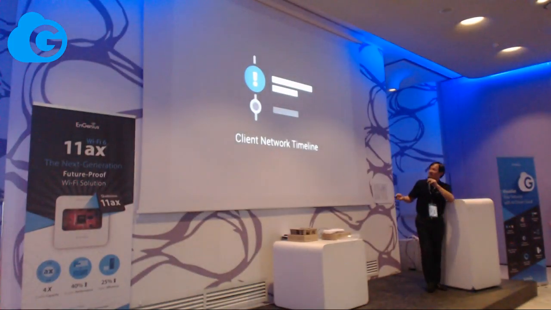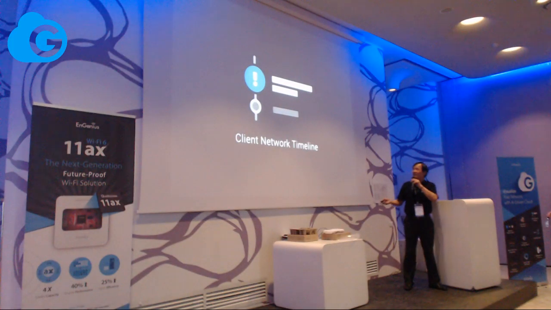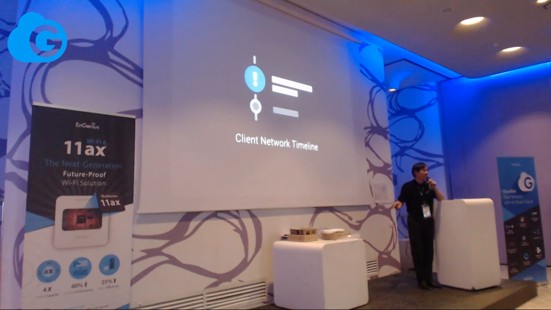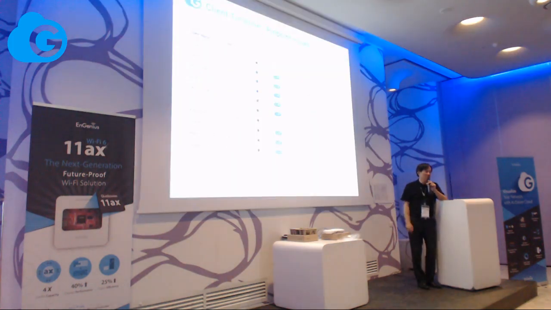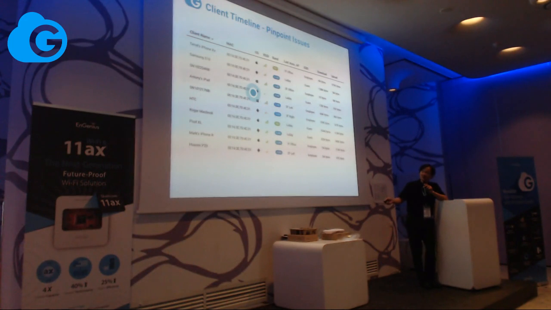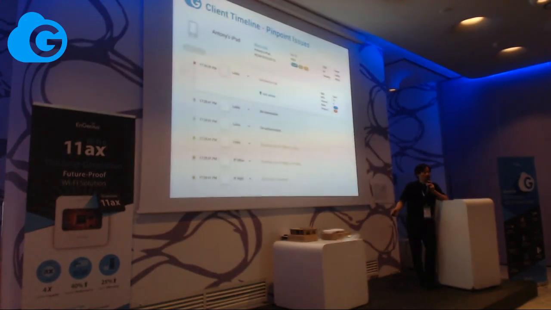We have the client network timeline. We provide you this information. When we click on this device, we see this timeline, which shows what time this client was doing what in your network.